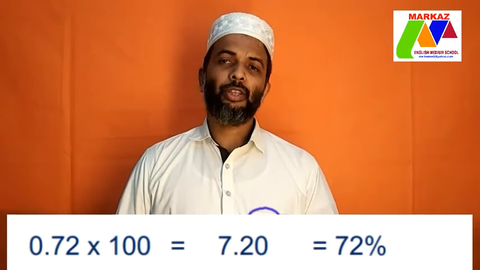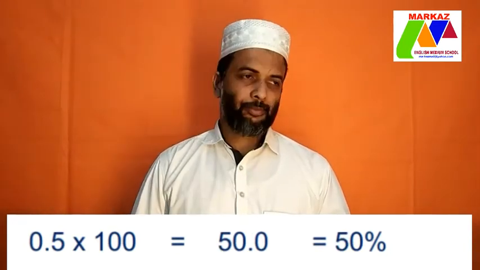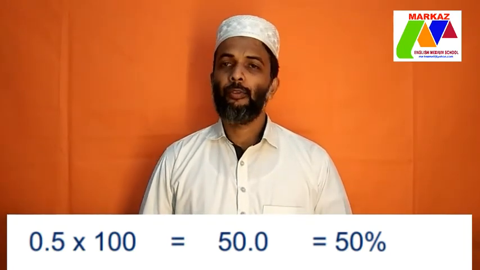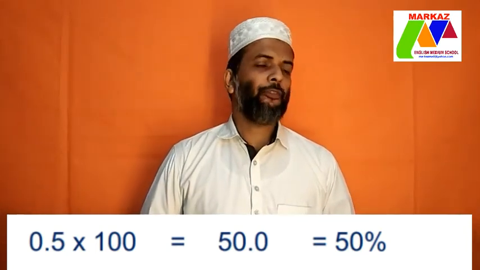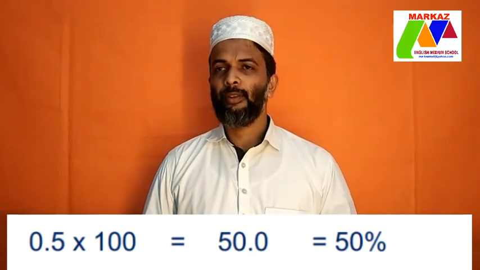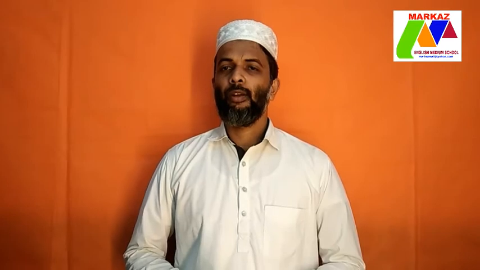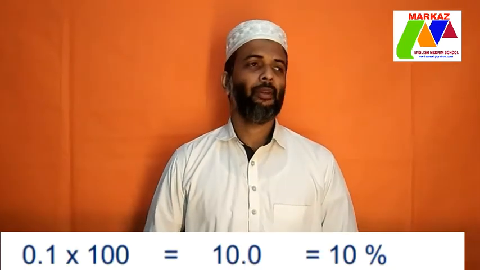Okay. Next, 0.5. First multiply by 100. 0.5 into 100 is 500. Then shift the decimal point 2 places to the right side. So the answer is 50%. Next, 0.1 into 100.